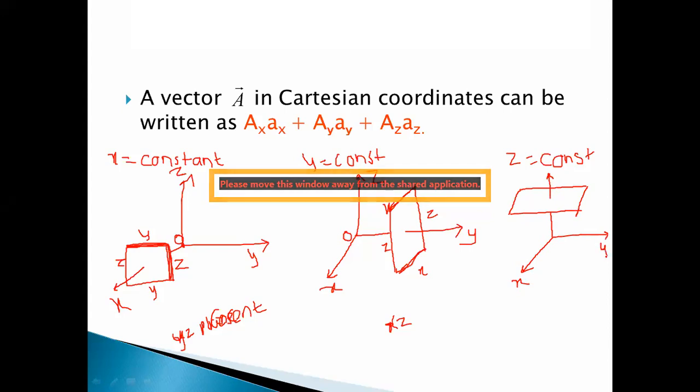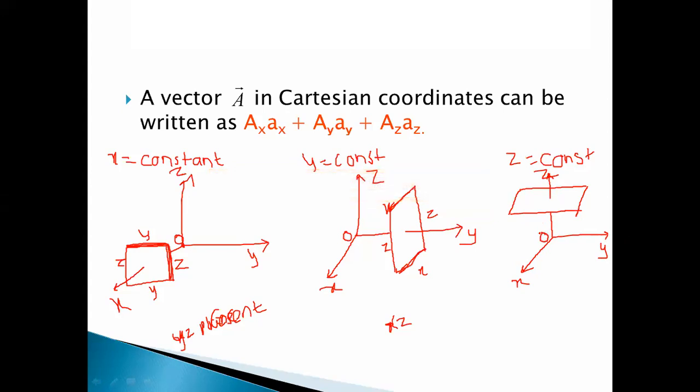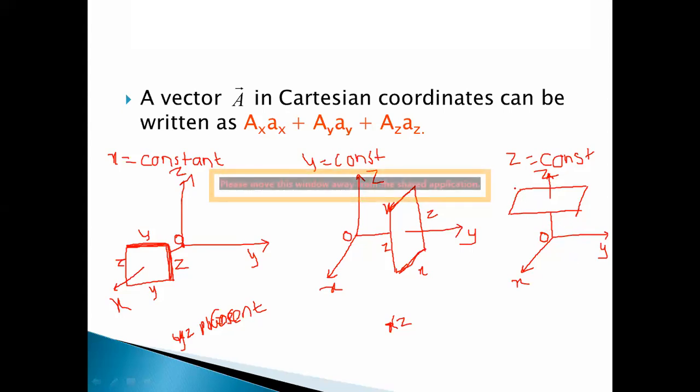x, y, and z. So when this z is equal to constant, now tell me, which axis are these two lines showing?